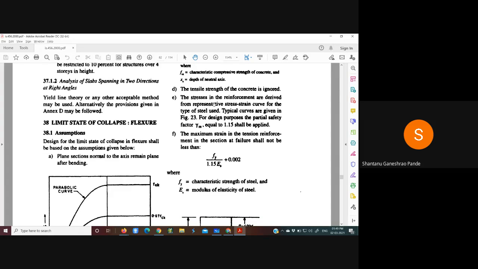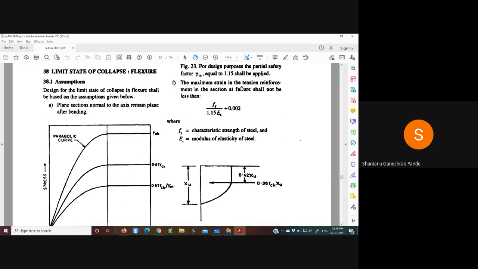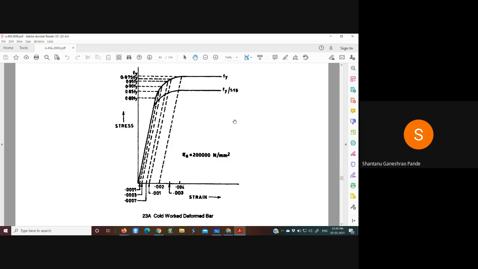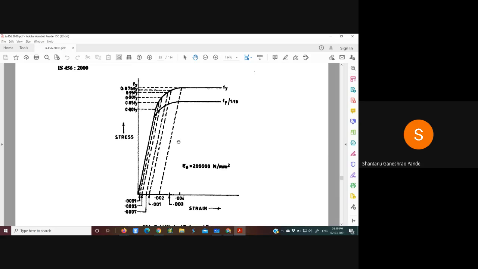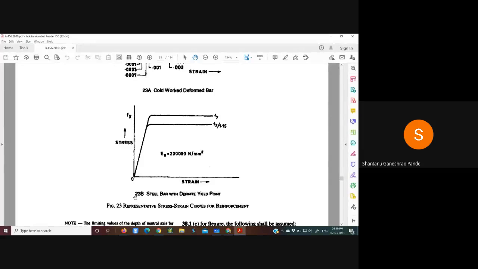The stresses in reinforcement are derived from the representative stress strain curve for the type of steel used. So it is mentioned in the next figure, 23A and 23B. Diagram A is for cold worked deformed bars, but usually that won't be used.